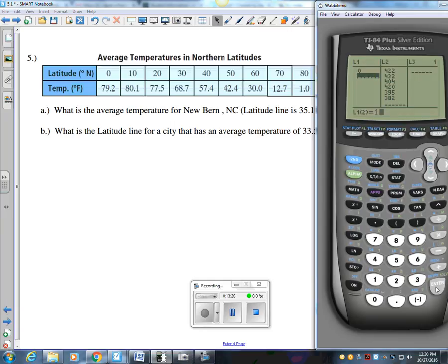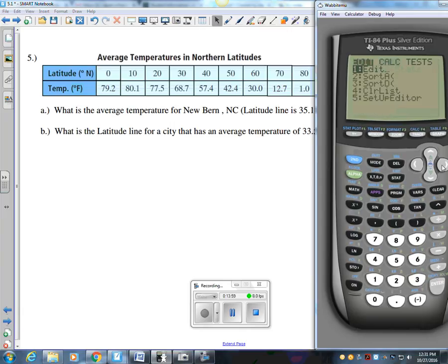So 0, 10, 20, 30, 40, 50, 60, 70, 80. And in L2, 79.2, 80.1, 77.5, 68.7, 57.4, 42.4, 30, 12.7, and 1.